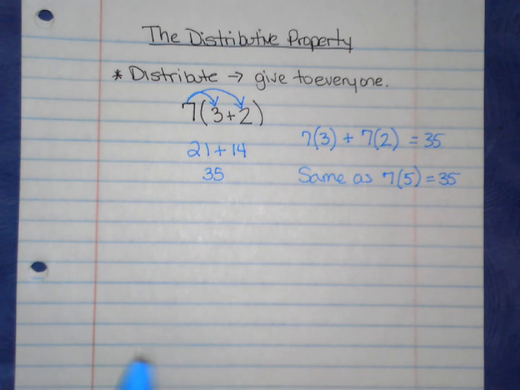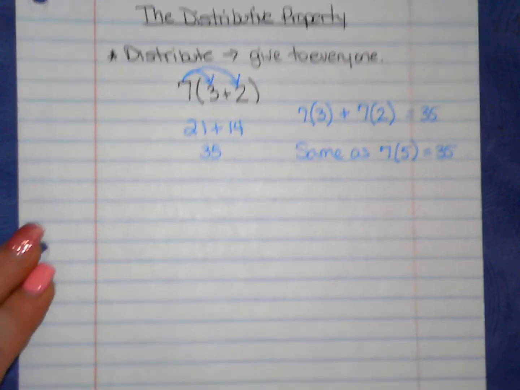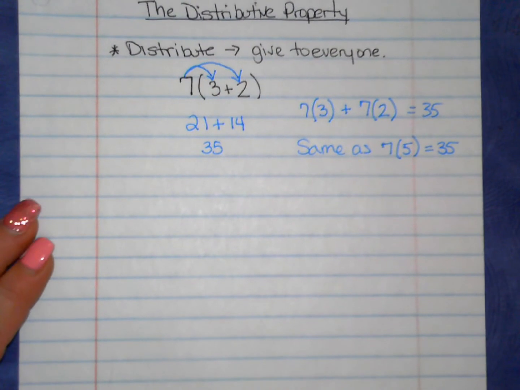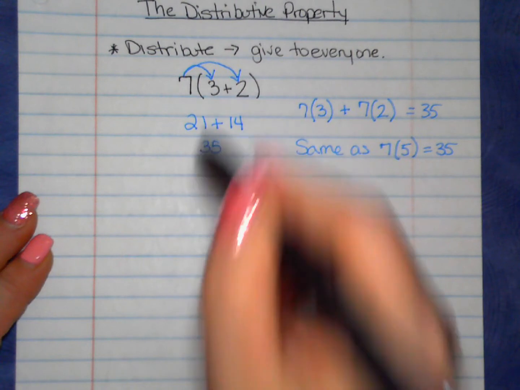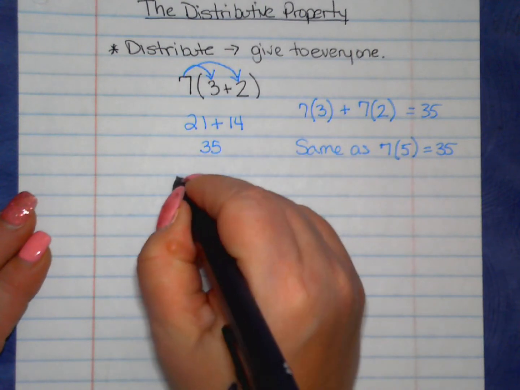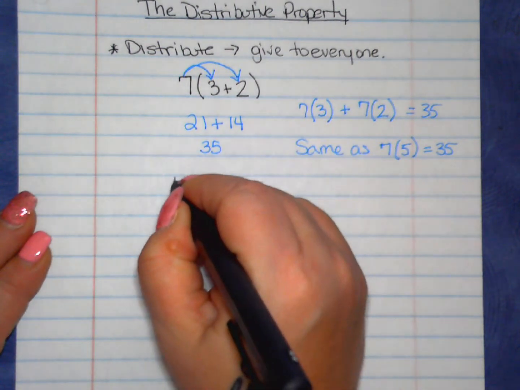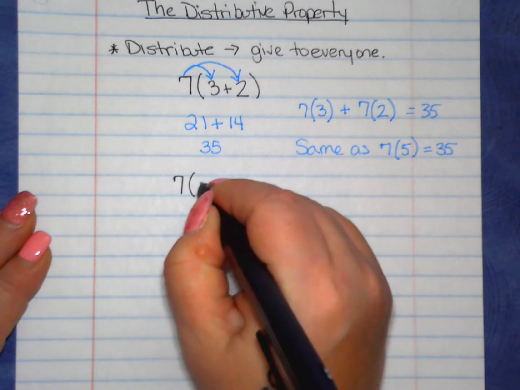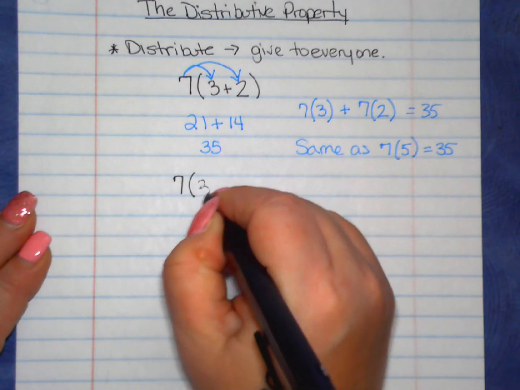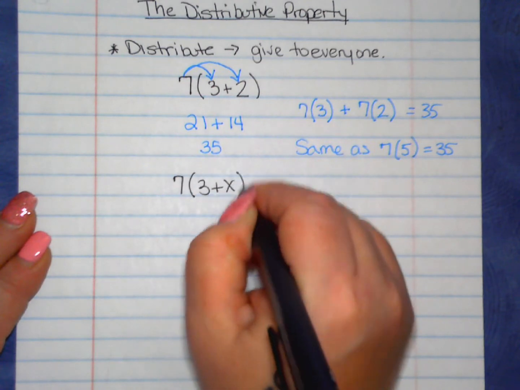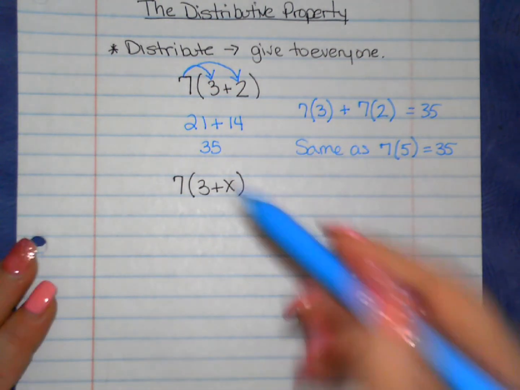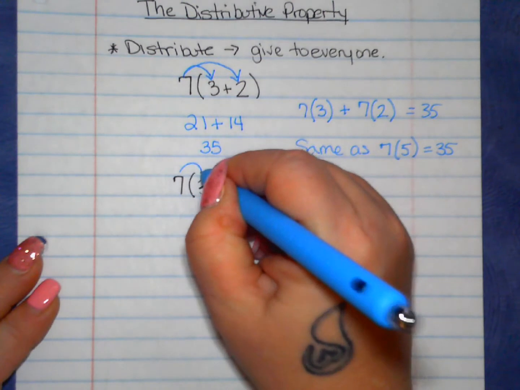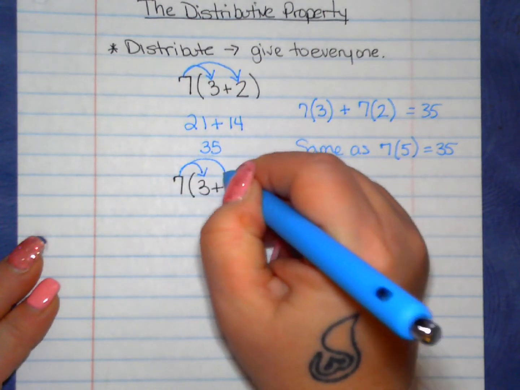So we can do the same thing when it's algebraic. And remember what algebraic means, there's going to be letters in there, okay? So let's change my problem, and this time we're going to change it to 7 times 3 plus x. Okay, so now what I would do is I'm going to distribute the 7 to the 3 and the 7 to the x.